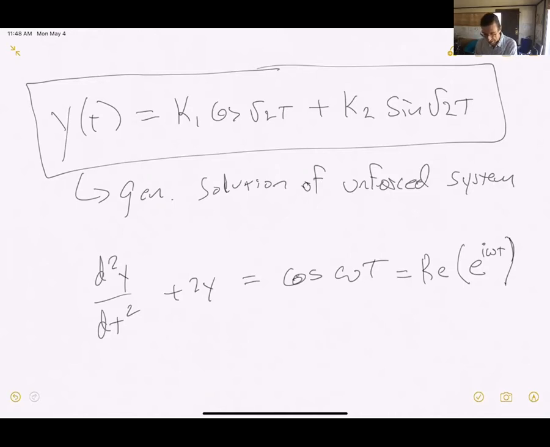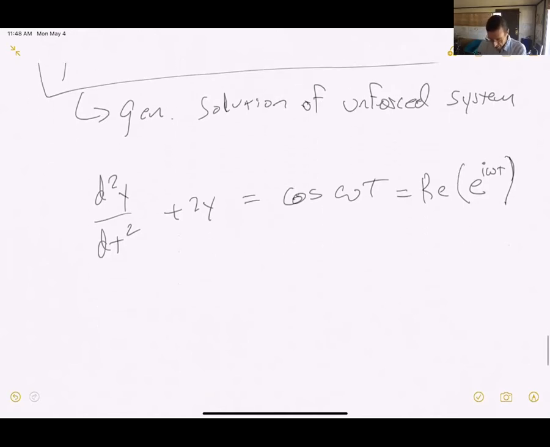So we're going to guess y equals a times e to the i omega t. Rewriting the cosine as an exponential with Euler's formula informs us what our guess should be. It looks a lot like our guess from our previous example. Whenever you have the forcing function as an exponential, you just guess some scalar times that exponential.